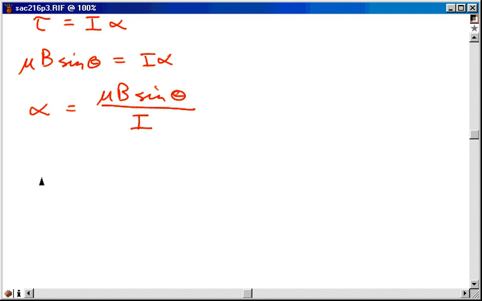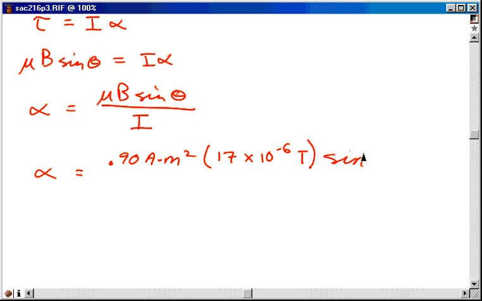And go ahead and substitute the values in there. We're given mu as 0.90 ampere meters squared, B as 17 microtesla, or 17 times 10 to the minus 6 Tesla, and the angle we were given is 18 degrees.